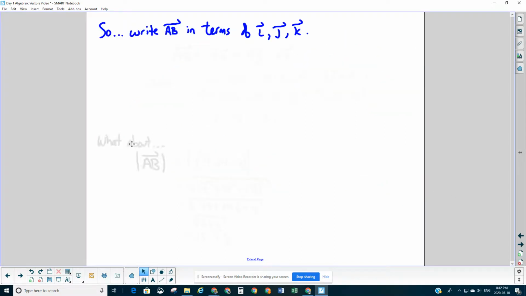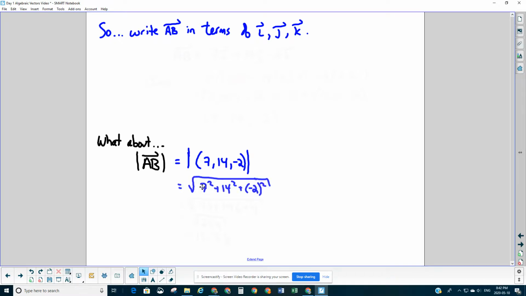We can do this just by doing the exact same math as we did before. If I want to find the magnitude of this vector, I can do the square root of the squares. And the great news is the Pythagorean theorem works in 3 dimensions, and that's all this is saying. But I'm going to call it the square root of the squares instead of the Pythagorean theorem.